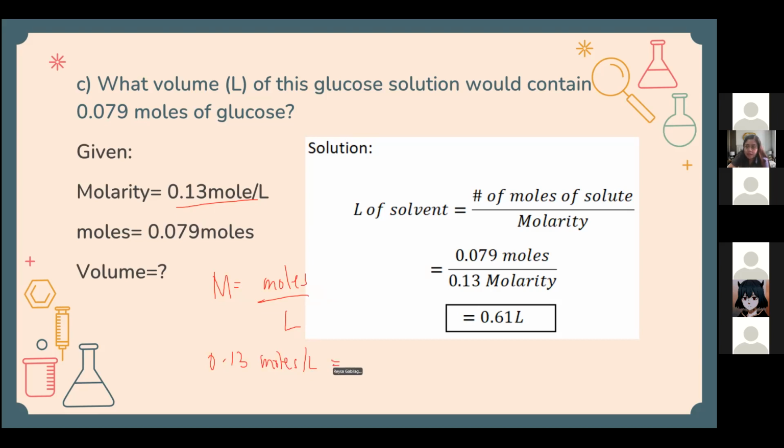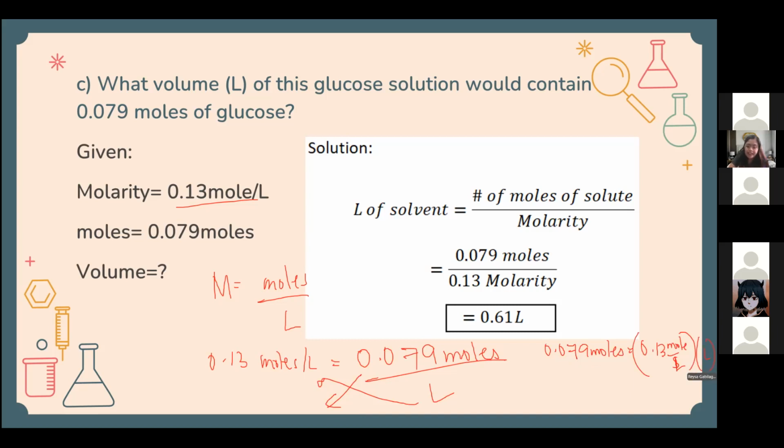Nasabi naman na ni Mariam kanina, molarity lang yung ginamit nila, pero for the sake na makita nyo rin kung paano tayo nag-cancel ng unit, the moles here is 0.079 moles. Yan ang hinahanap natin ay liters. So pag mag-cross multiply tayo, ibababa natin si 0.079 moles sa kabila. We will have 0.13 moles per liter. This is moles per liter multiply kay what's that?